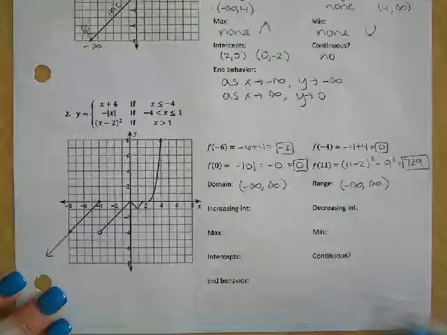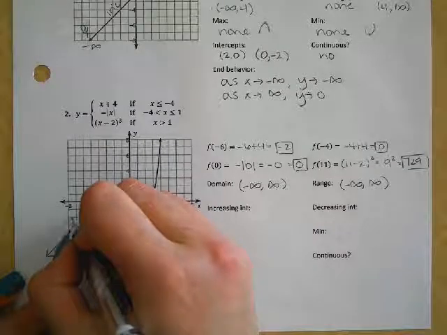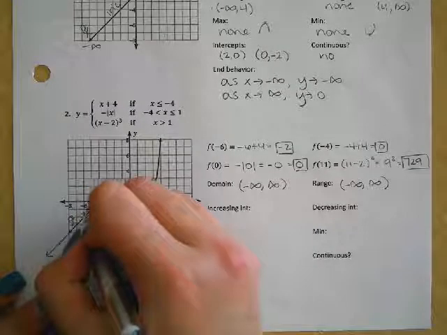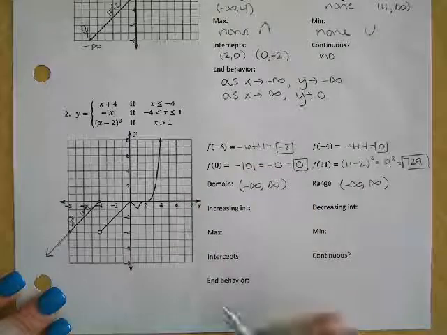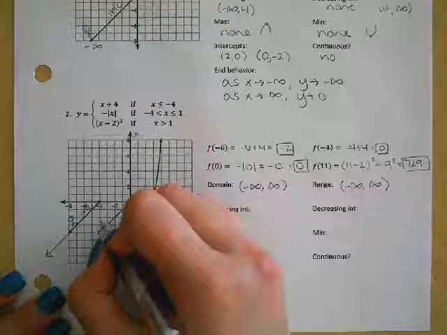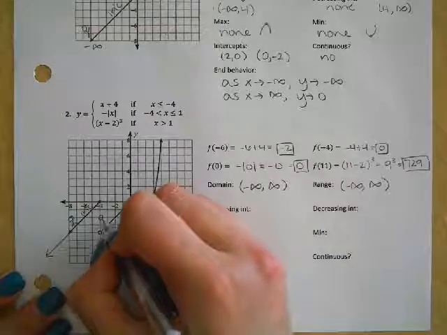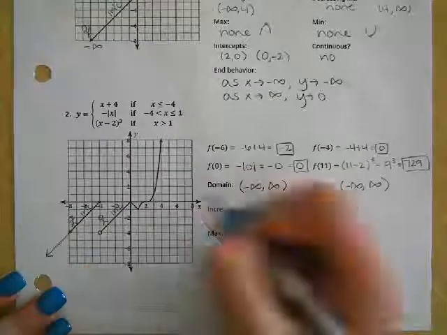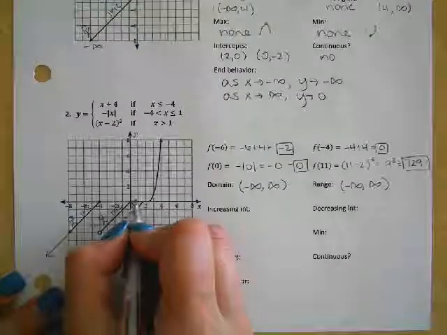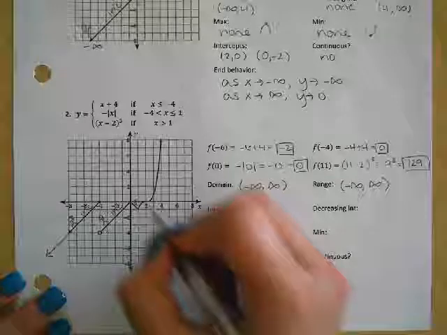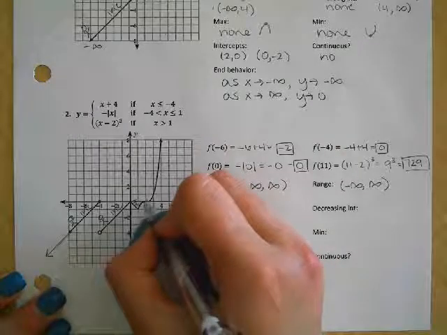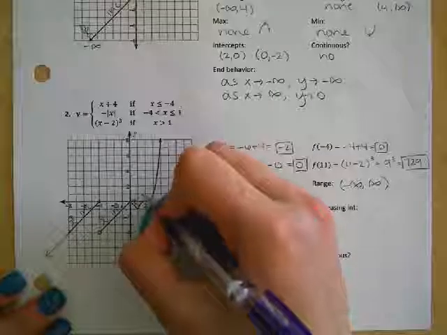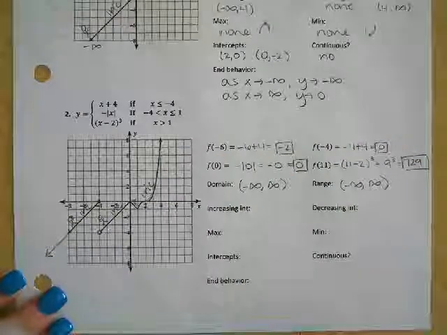I'm going to go ahead and label my graph. So I have my stick figure who's walking uphill, and then he falls off and disappears. And then we have this stick figure who's walking uphill, and then he hits this point, and then he goes down for just a little bit, and then he goes up, and it flattens out, and then he keeps going up. So this is all increasing right here.